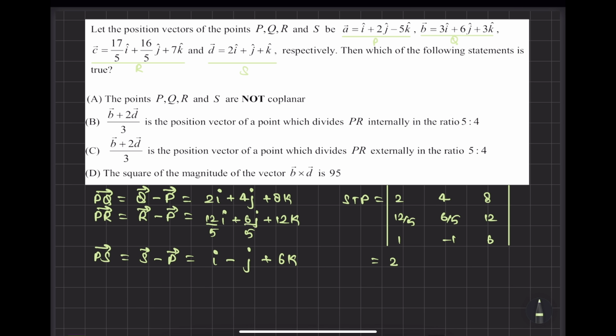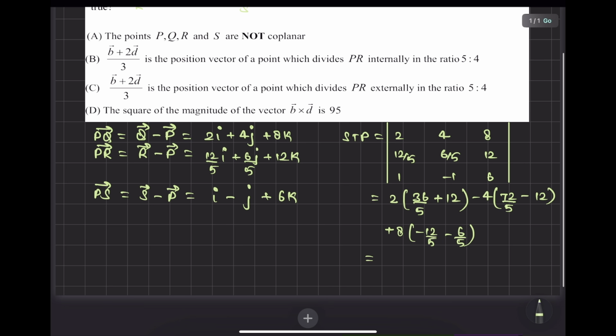So it is 2 times (36 by 5 minus 12), minus 4 times (72 by 5 minus 12), plus 8 times (12 by 5 minus 6 by 5).